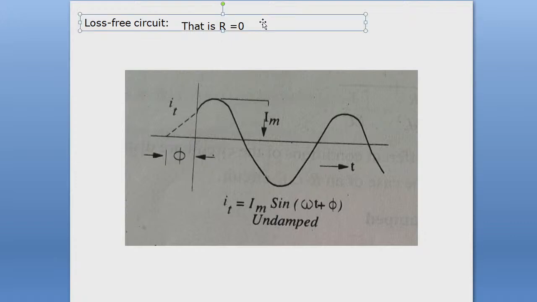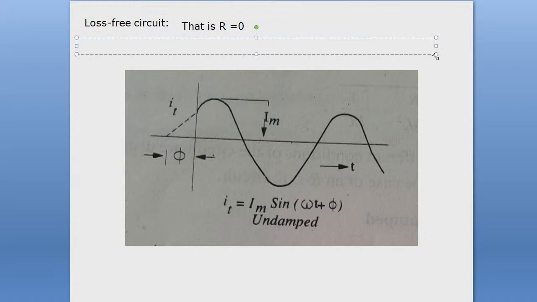And for this case, what will be the response of this circuit? If you make R equal to 0, then what will alpha 1 and alpha 2 be? Only R is 0, so alpha 1 will be equal to the square root of 1 by LC.